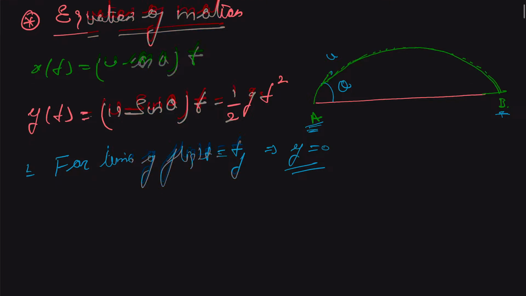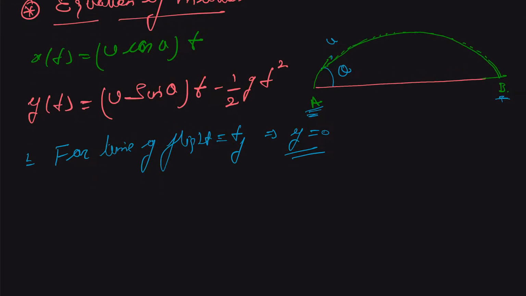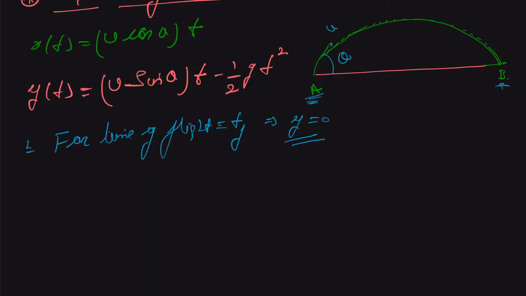If we solve it from here, we get TF equal to 2v sine theta divided by g. So this is the total time of the flight.